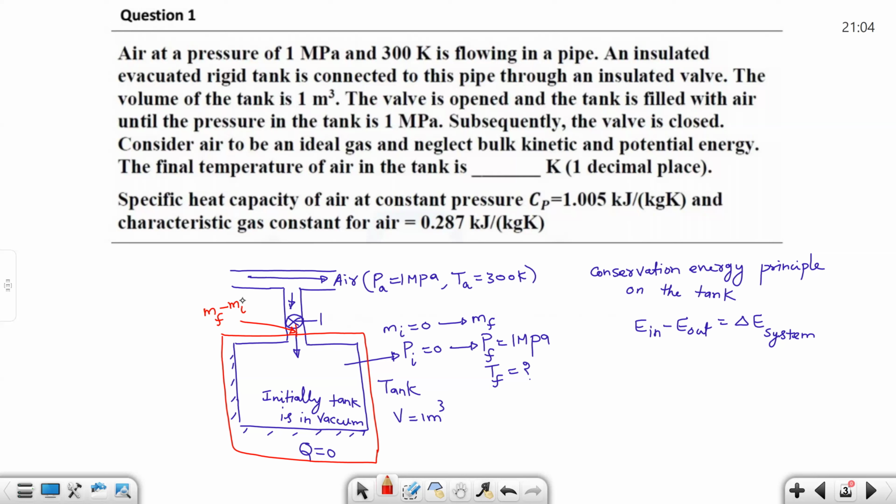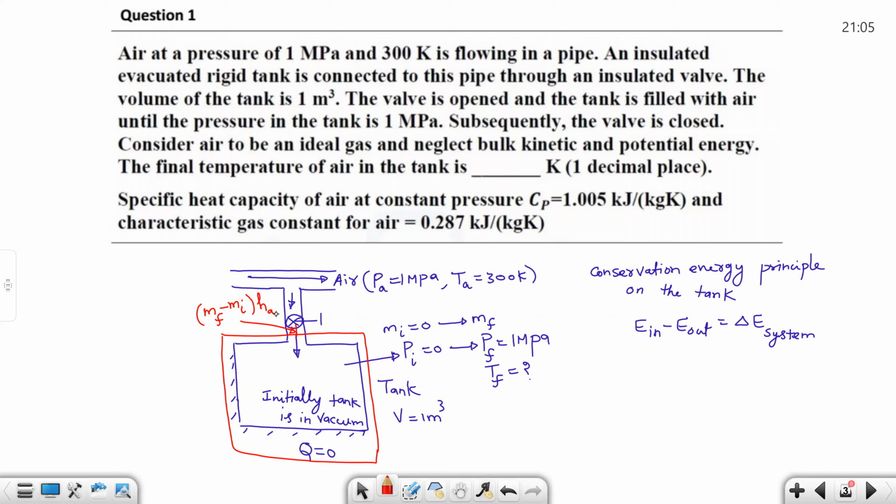Then after air is filled in the tank, you have a final mass. That difference in mass is what is going through the inlet. And since the mass is flowing, it will have enthalpy, the enthalpy of air.